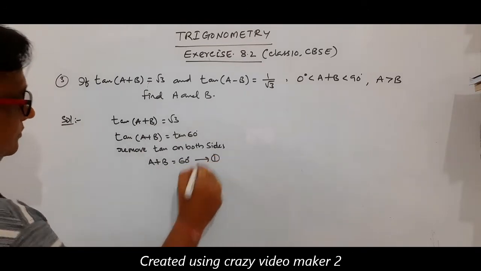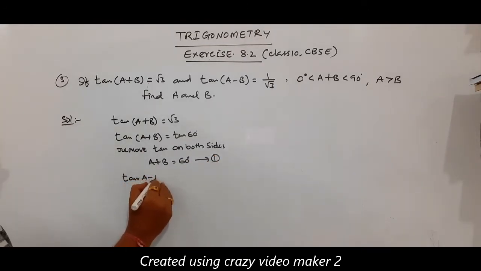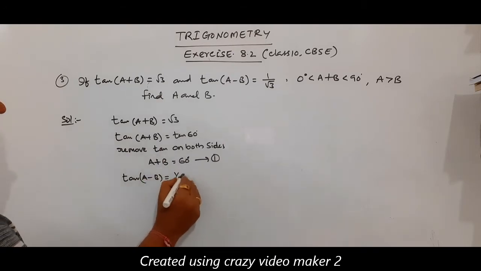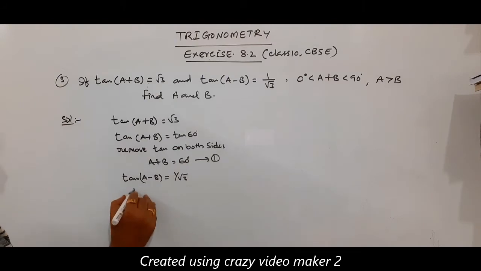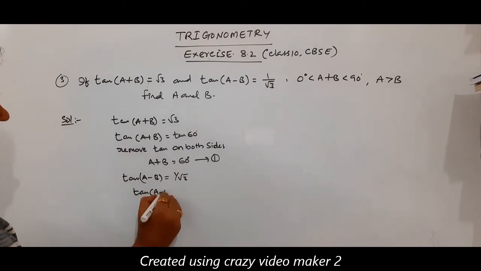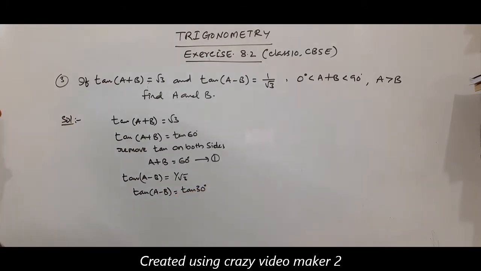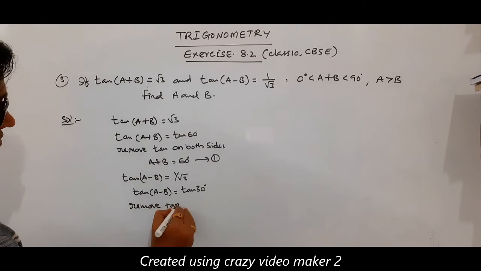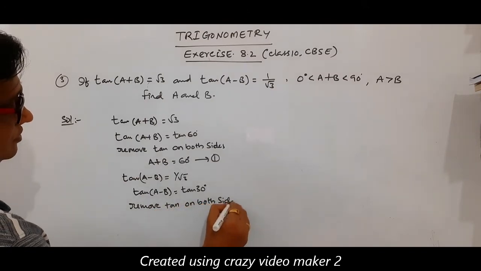This is one. Next one is tan a minus b equal to 1 by root 3. They are given, so tan a minus b equal to tan 30 degrees. So remove tan on both sides again.